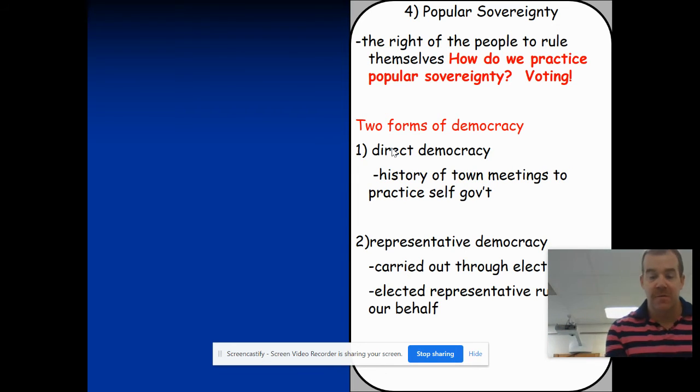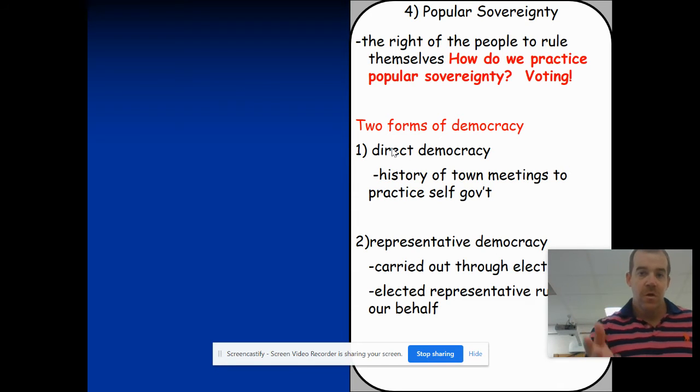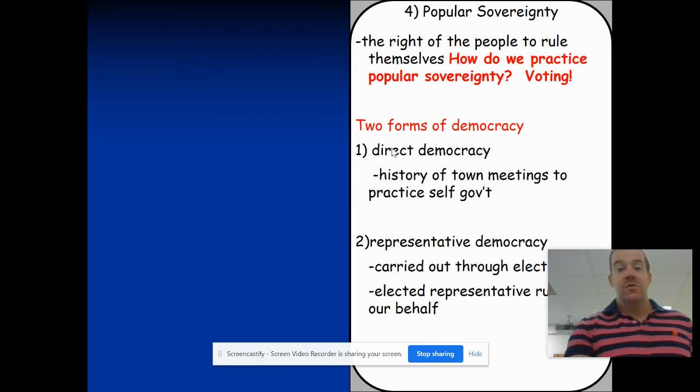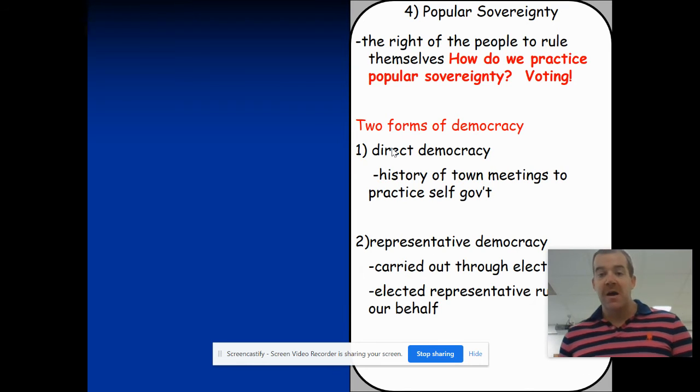In our system of government, we have voting. So we have an elected official. The people are the ones that give the officials the power. All right. So if you look at any person that's elected, they get their power or their position from the people, the voters. These are the two forms of democracy.